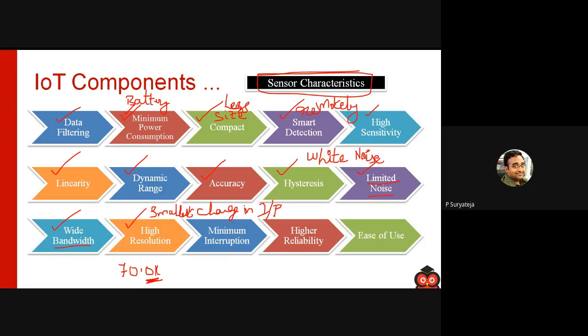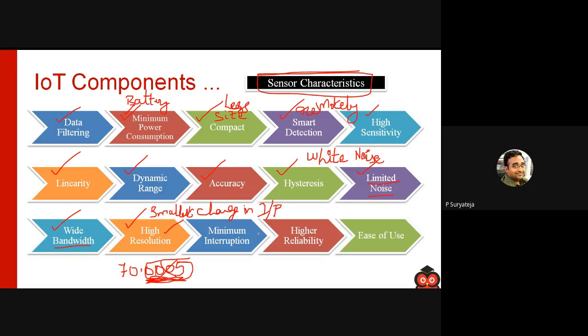Or let's say 7.0005, right? This is a very small change in the temperature. We can even neglect it. But even if the sensor is able to detect this amount of small change, that means it has very high resolution. This is a very small change in the input.